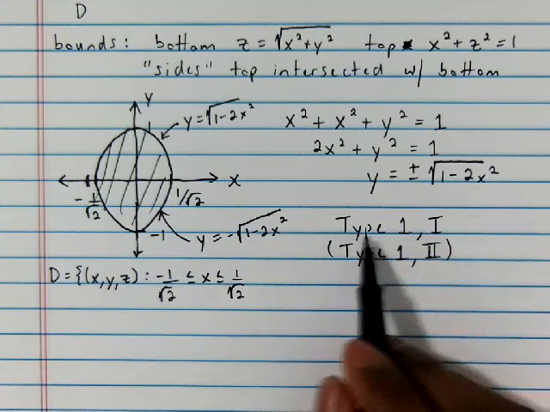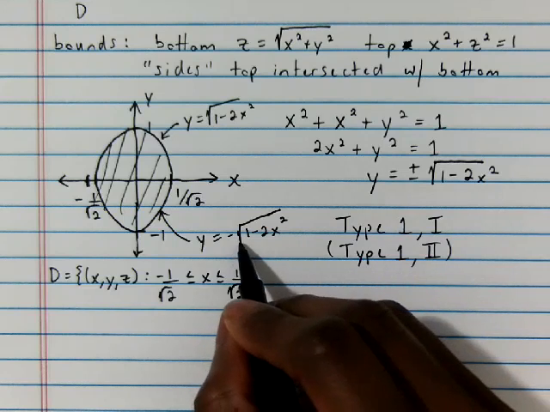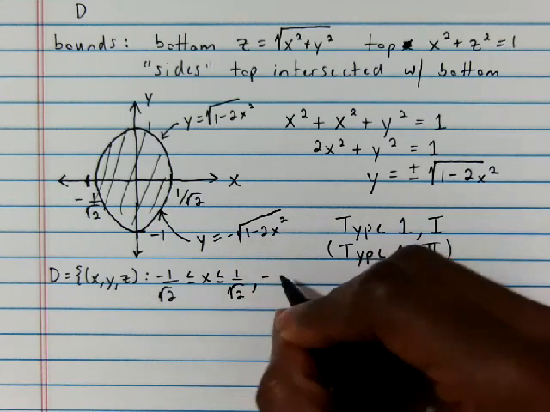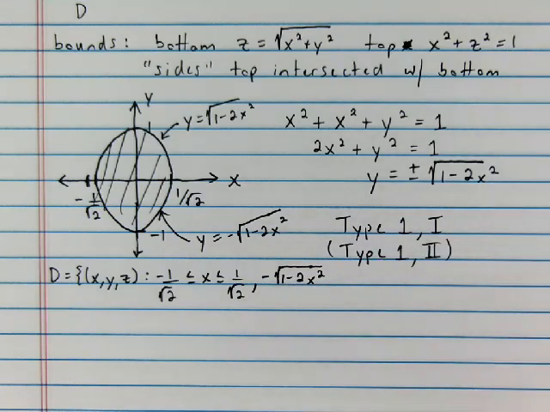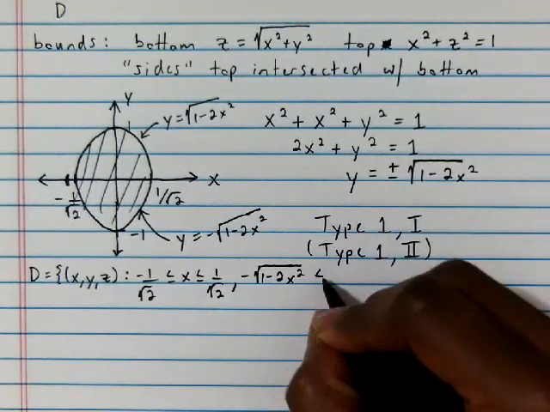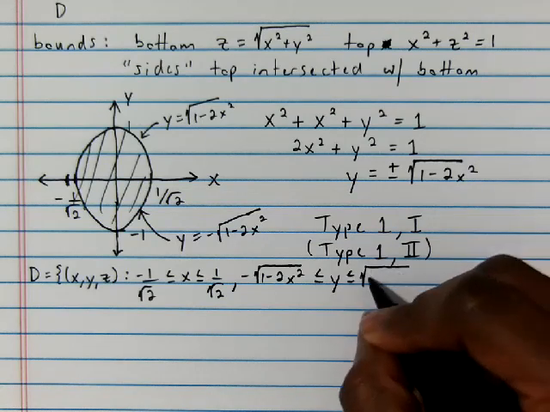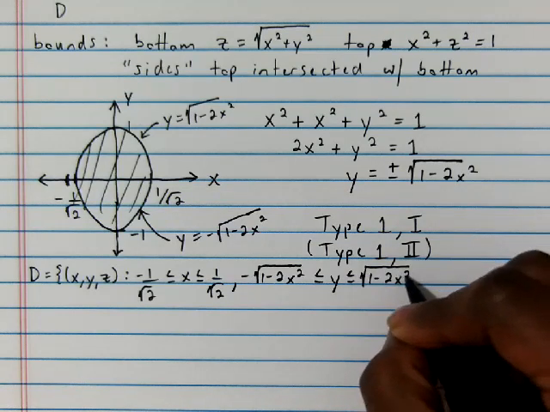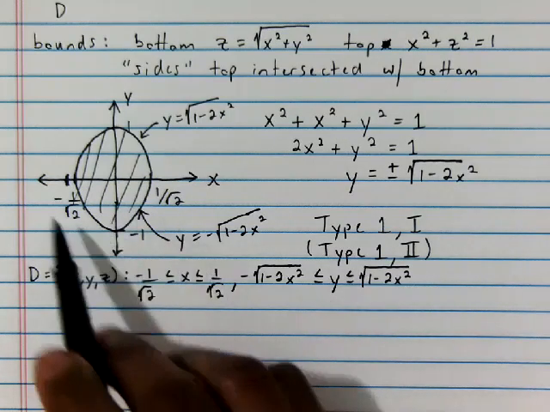Now we're doing that one. So now y goes from negative square root of 1 minus 2x squared. Sorry, if I'm writing small, I'm trying to squeeze this all in where you can see it. And then y goes up to the square root of 1 minus 2x squared. And then z is not represented here.